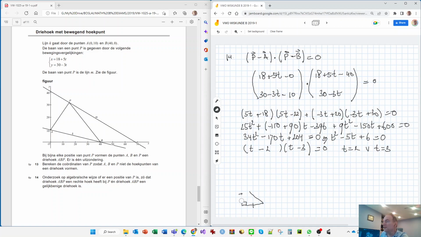And now we need to find the length of PA and PB for this t. Alright.